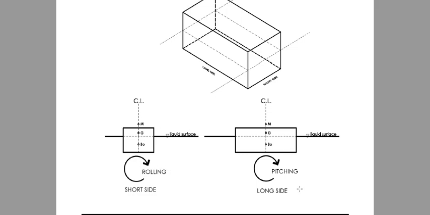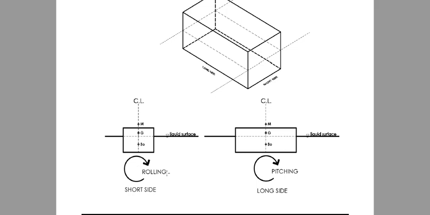And the long side, this is the long side view. The mode of failure there would be overturning, what we call pitching. If you try to visualize which side is more critical, it's actually the short side.